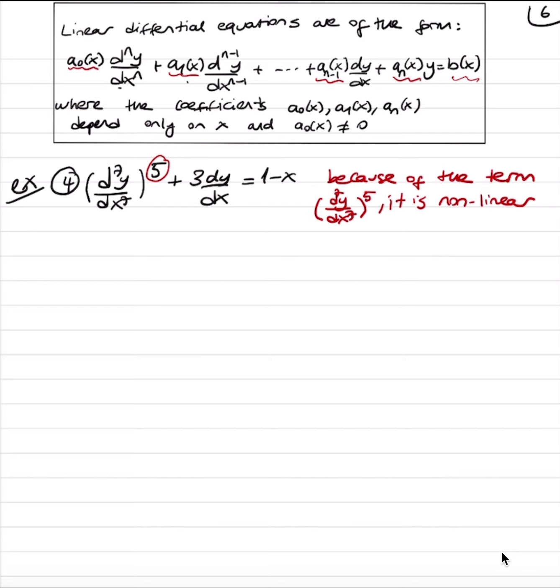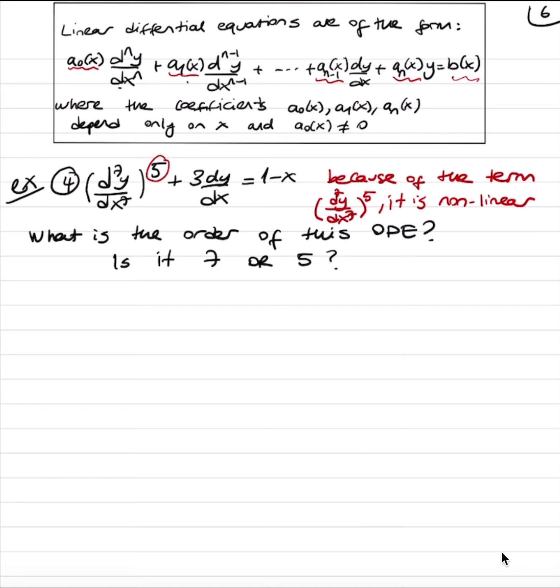But what about its order? What is the order of this differential equation? Is it 7 or is it 5? Can you guess which one it is?